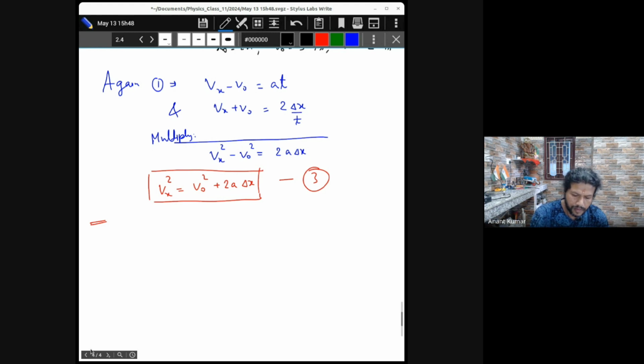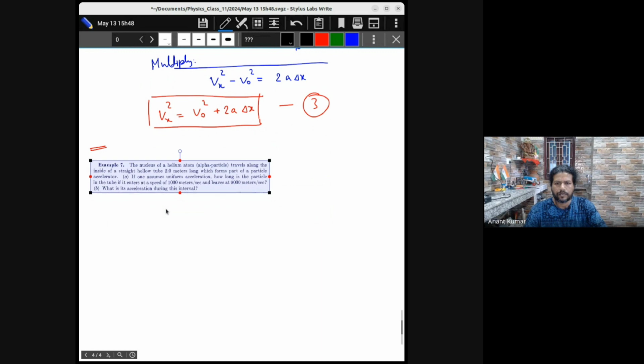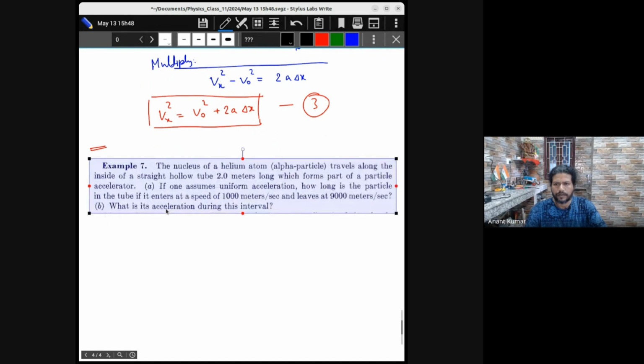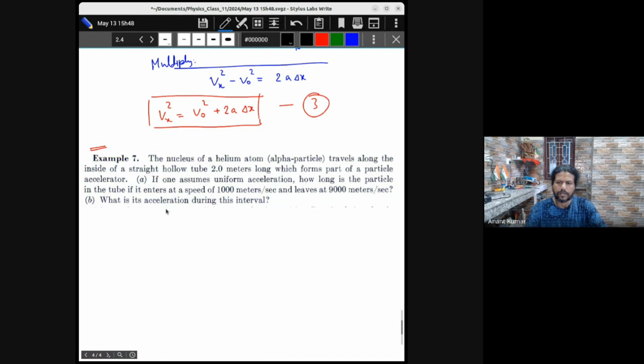There is this example that we have. This question says that the nucleus of a helium atom, which we refer to as the alpha particle, travels along the inside of a straight hollow tube, 2 meter long, which forms a part of a particle accelerator.